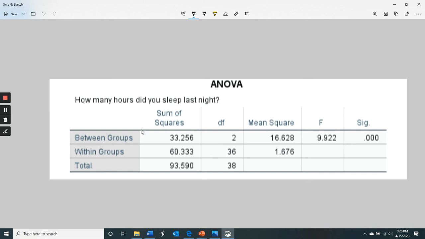So here, what you do is you take the sum of squares, that's the variance, between groups divided by total. This will give you the effect size.